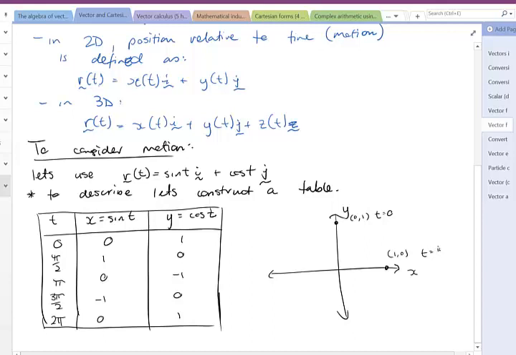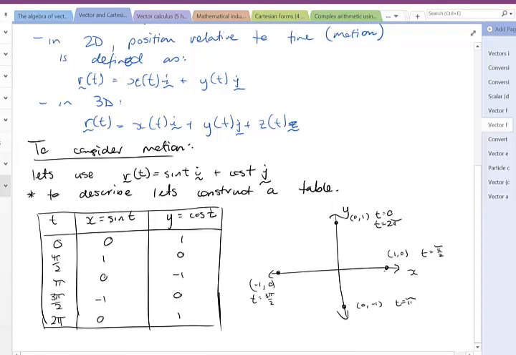When t is equal to pi, we've got the coordinate (0, -1). When t is equal to 3 pi on 2, we have (-1, 0). And finally, we get the same position when t equals 2 pi.